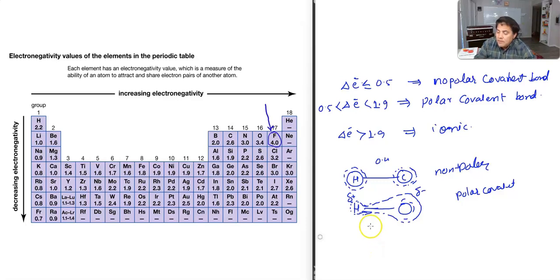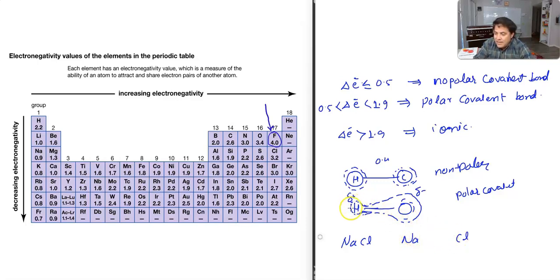Now, if it is ionic, let's see, for example, sodium chloride. That is actually sodium and chlorine, and all the electron cloud it will give to the chlorine.